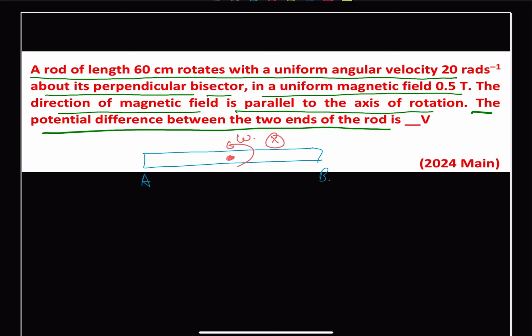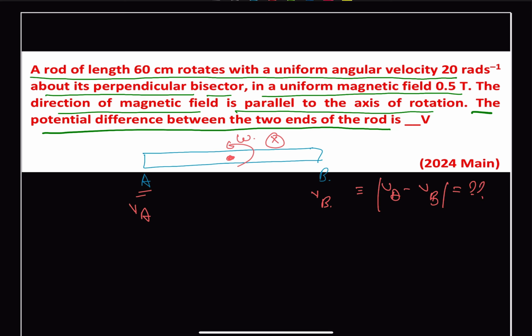And we have to find the potential difference between the ends. If this is our VA and this is our VB, we are only interested in magnitude, so we just find VA minus VB.